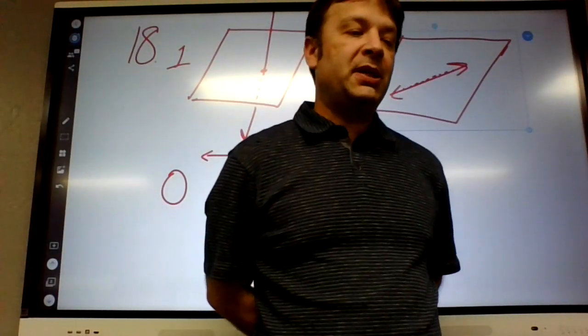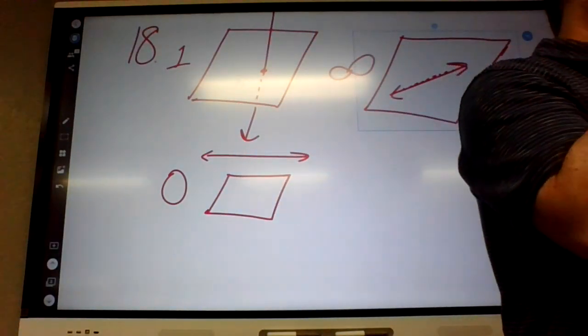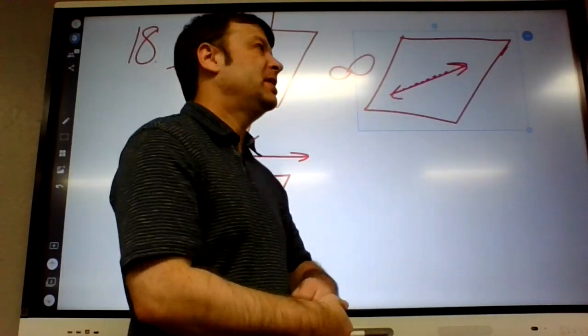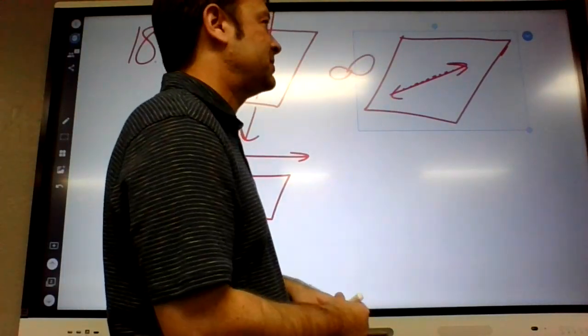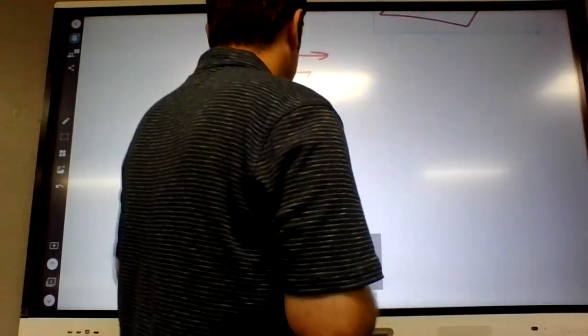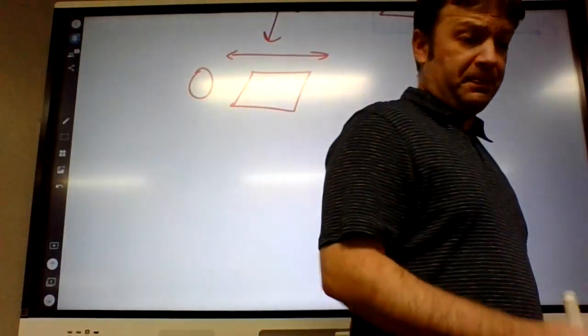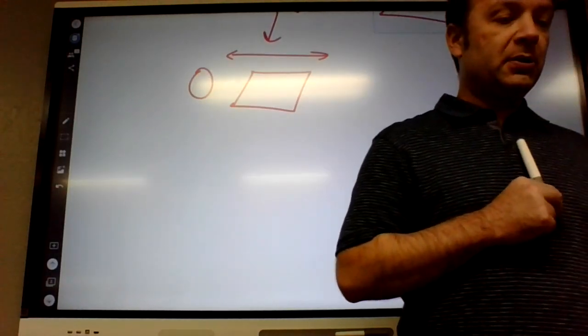In other words, they're saying, do two planes always intersect at one line? Yeah, it's always. That's one of our postulates. Number 19 is always.